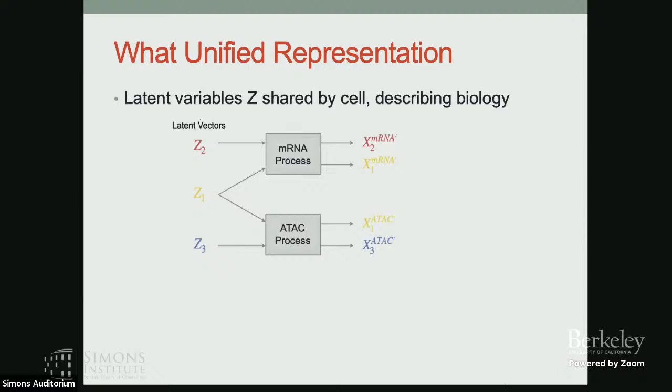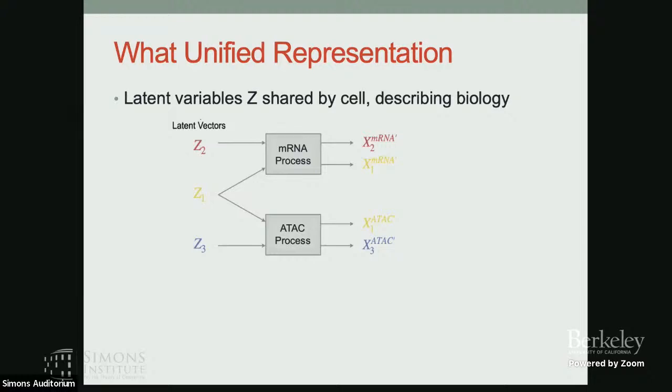So the basic strategy, what we mean by a unified representation, is that we think there are some underlying latent variables that are a property of the cell. We can think of them, if we like, idealistically, as embedding the true biological processes.